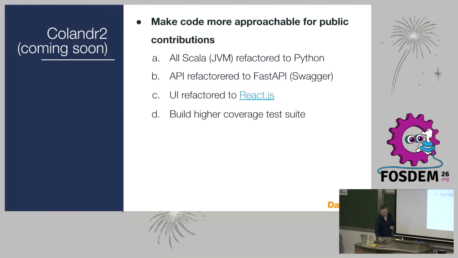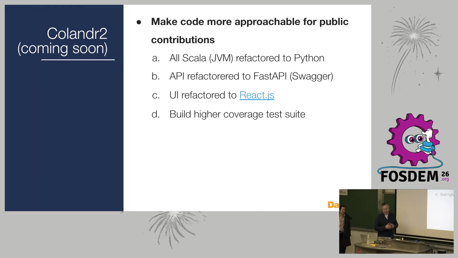So what's next? As Sam mentioned, it's been maintained by a very small group. We're hoping to expand that. As we get more users, particularly more university users, we've had requests, can we contribute to the code? So we wanted to make some changes. The early versions were written in Scala, which is a JVM language, so not as well used these days by researchers.